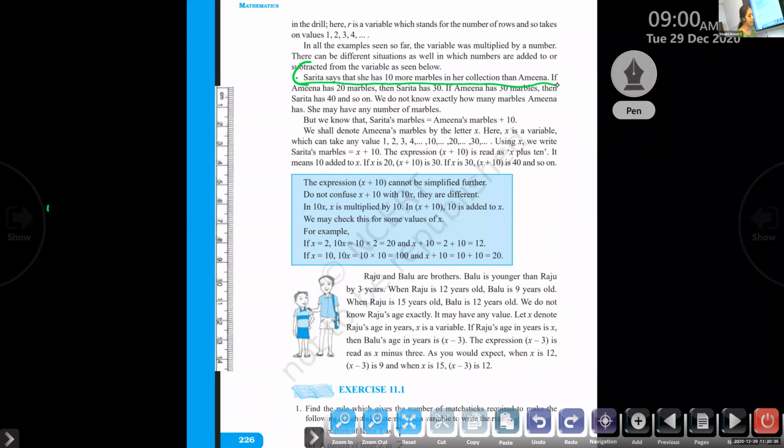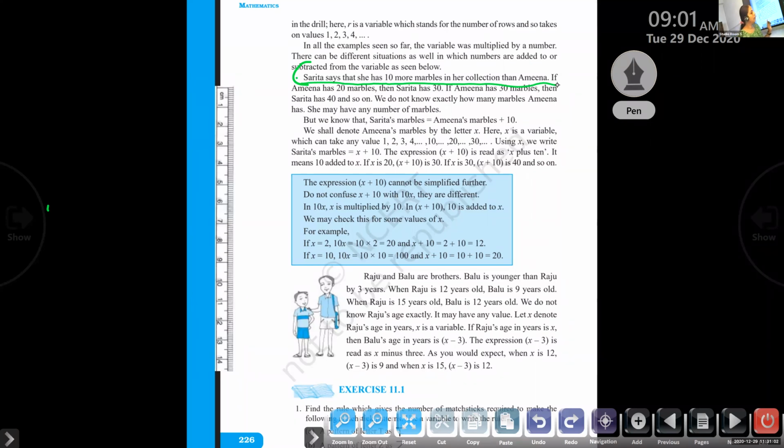What did you understand from that? See, I'm saying like this. You have some toffees with you. Even I have some toffees. And I'm telling you like this, this is our situation: I have 5 toffees more than you.